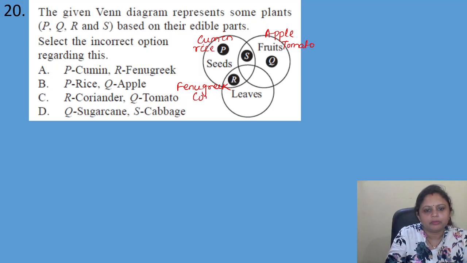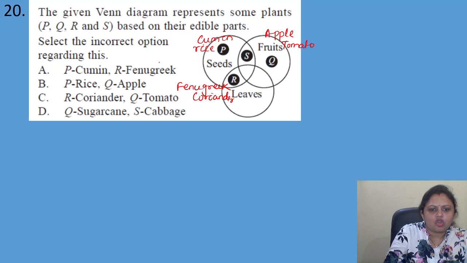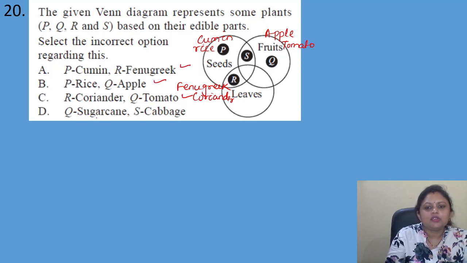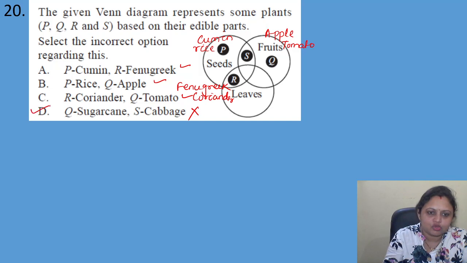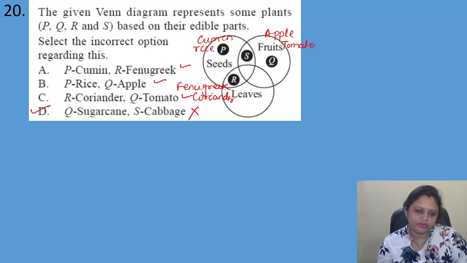It may be coriander. Yes. So options A, B, C are correct. Q is a fruit, and that is written as sugarcane. S is both seed and fruit. Okay, it is cabbage. No, this one is incorrect. Other options are correct. So here the correct answer is option D.